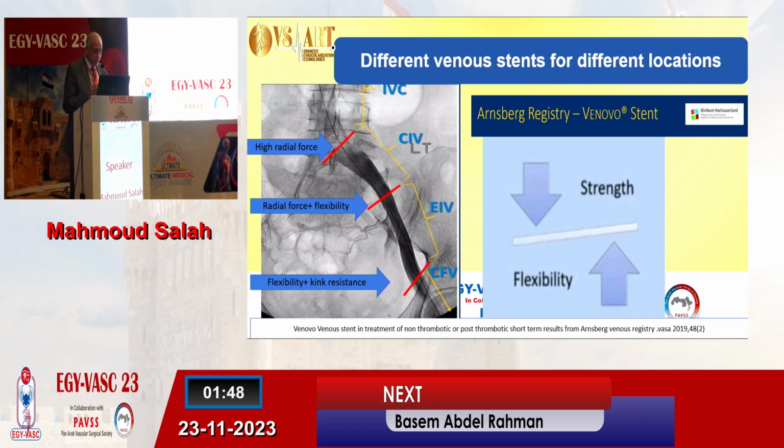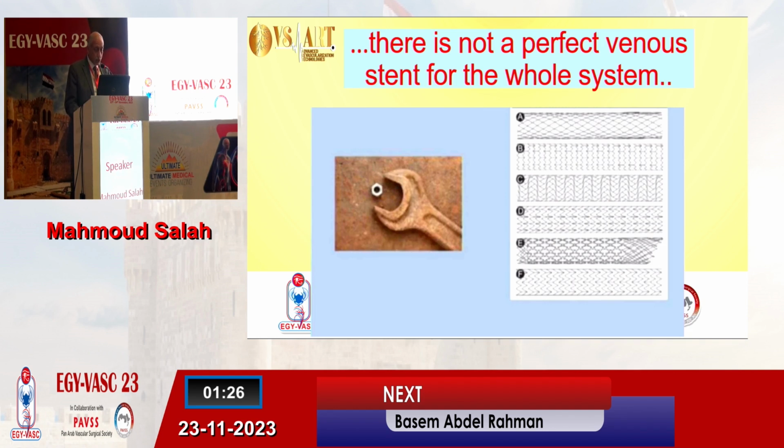So different venous stents for different locations. For the IVC and the common iliac vein, we need high radial force, while in the external iliac vein we need a balance between radial force and flexibility. In the common femoral vein we need flexibility, and kink resistance is much more needed. There is no one stent for all lesions.